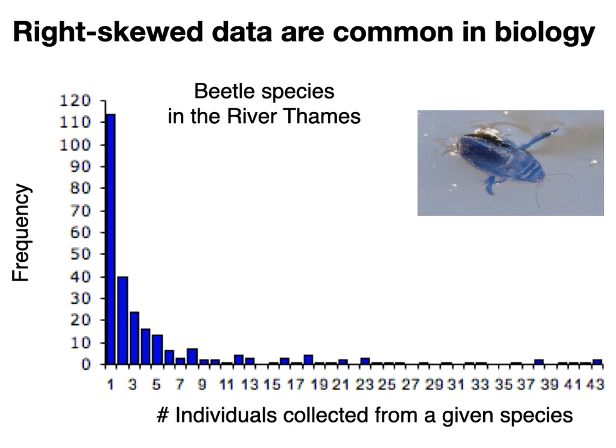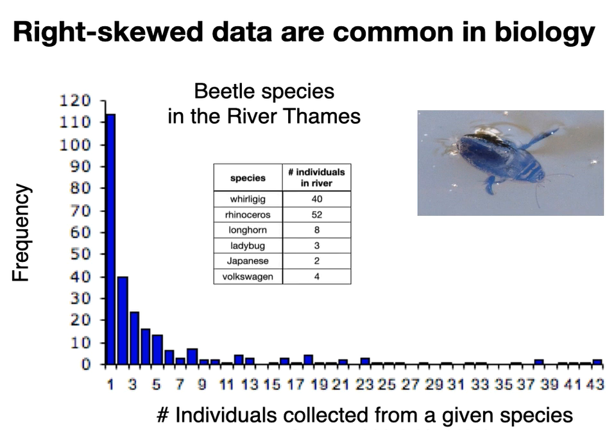I want to show you what the data would look like because I find this a little bit hard to wrap my head around myself. I just made this up, but this is an example of what the spreadsheet of the data would look like. So we'd have a column for the species, and most of these species don't live in the River Thames, but I just made this up, right? And then we've got our variable here, number of individuals in the river, right?